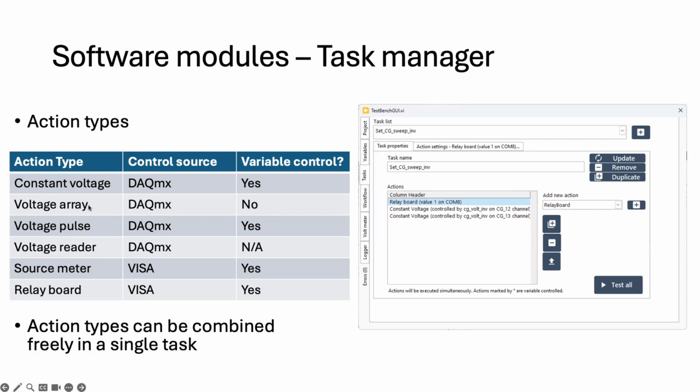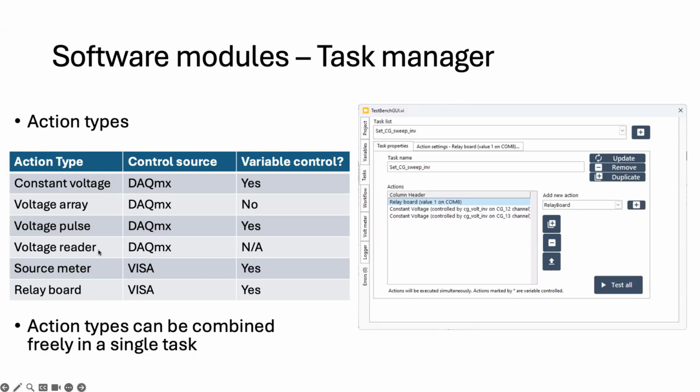This is what we call a voltage array task. Then you can define voltage pulses. This was a wish of Philip, that we can also generate pulses on the defined analog output channel. So these were related to the analog outputs.